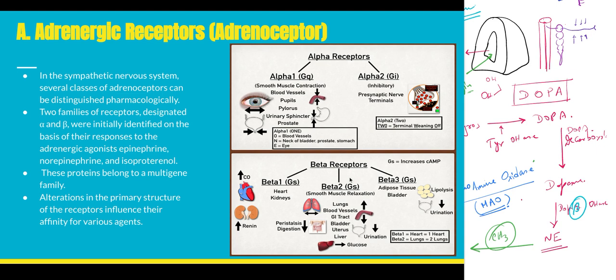Alpha can be further classified into alpha 1 and alpha 2, and beta receptor into beta 1 and beta 2. Okay? Now how do we get these names? From effects of epinephrine, norepinephrine, and one more name you should come across, isoproterenol. Depending on how their behavior is with epinephrine, norepinephrine and isoproterenol, accordingly their names have been provided.